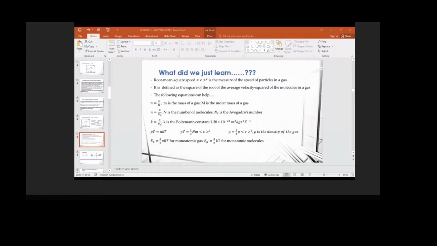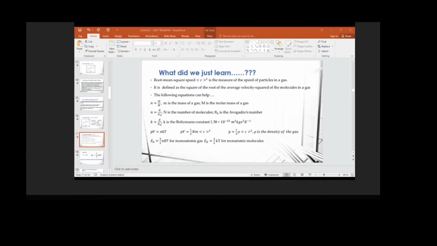Now these are some equations that we're going to use, or that you should remember. That common n means what again? The number of moles, not particles, common n.